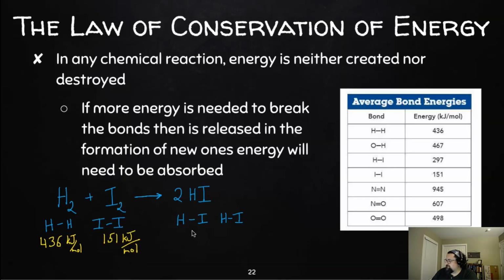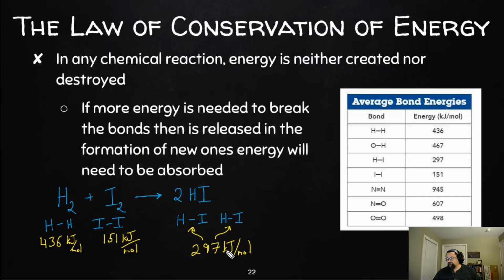Well, then when you come over here, each of these things is going to have the same bond energy, all right, which is going to be in an HI bond. We get 297 kilojoules per mole.